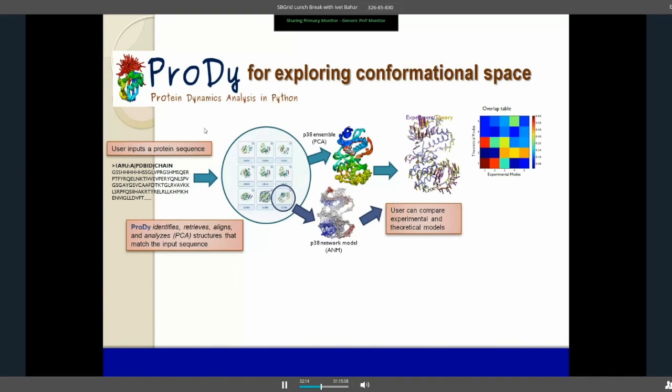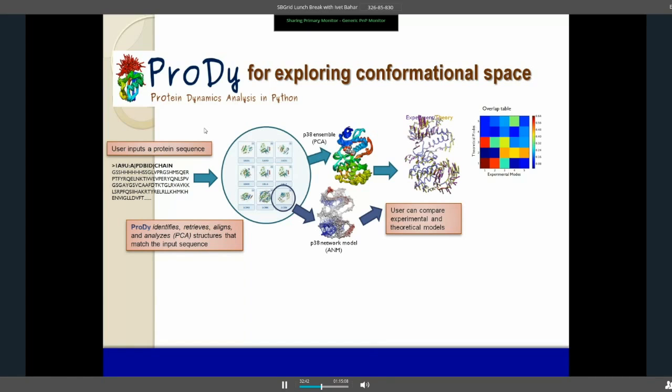So we have essentially in the PDB an ensemble of conformations for that particular kinase. What we're doing is to take that ensemble and subject it to principal component analysis to extract from this experimental data the most dominant modes of motions.